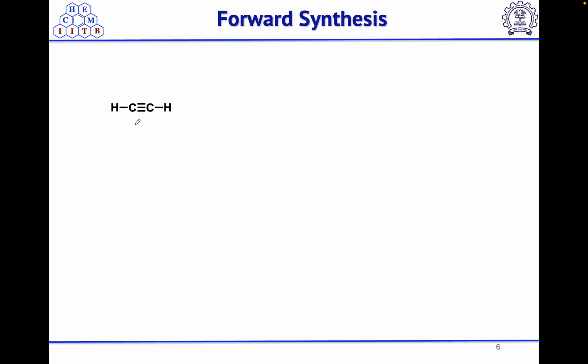What type of base can we use? We can treat with n-butyllithium, and we will get the lithium acetylide ion pair, or we can treat with sodamide in liquid ammonia to get C minus Na plus. So the counter cation will be sodium plus.